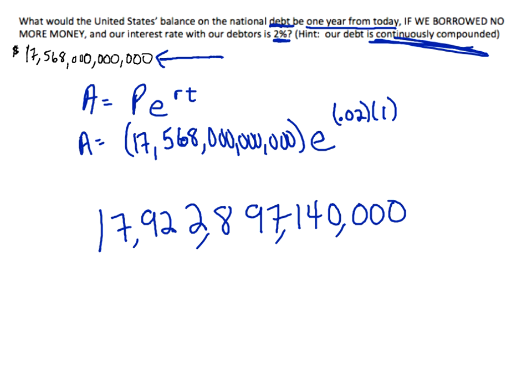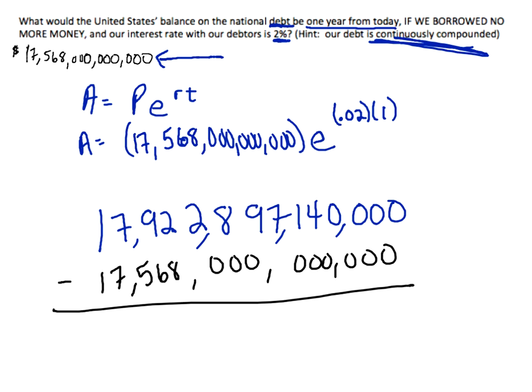And if you want to see how much of that was just in interest, I would subtract off what we started with, 17,568 and 9 zeros, to give us interest to the tune of 354,897,141,600.